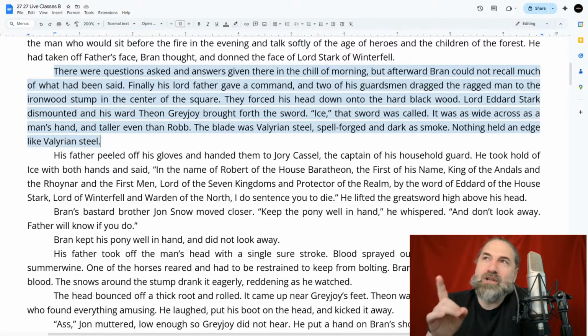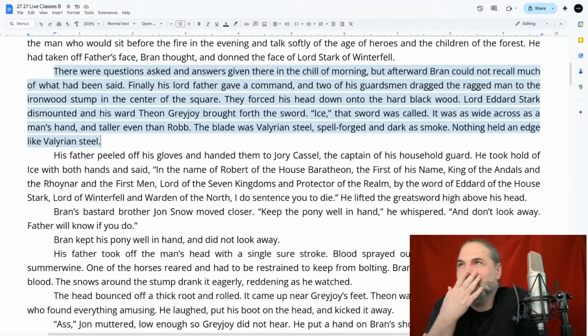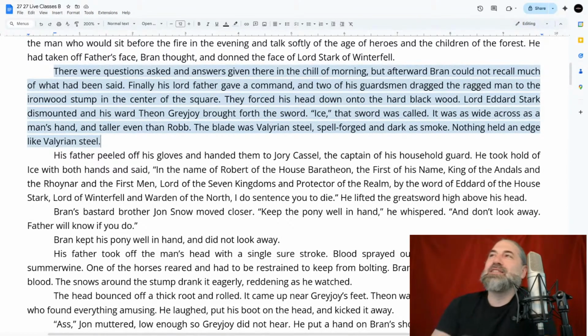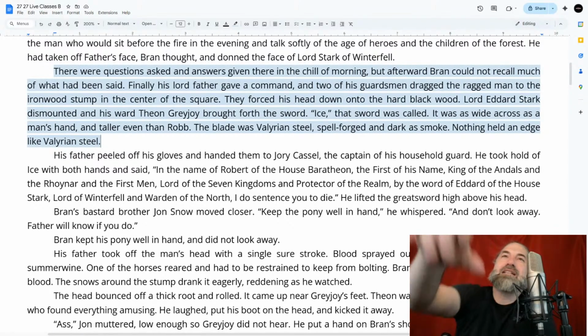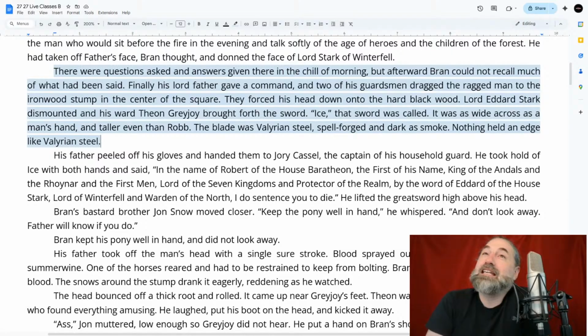That sword was called... Okay. It was as wide across as a man's hand, and taller even than Robb. The blade was Valyrian steel, spell-forged and dark as smoke. Nothing held an edge like Valyrian steel.